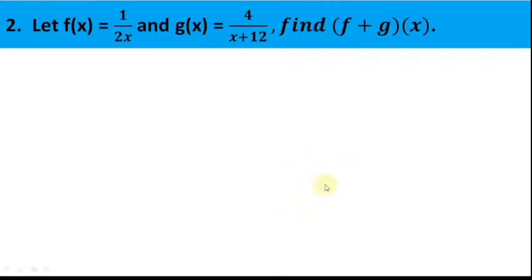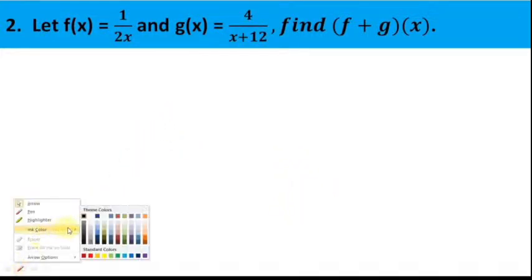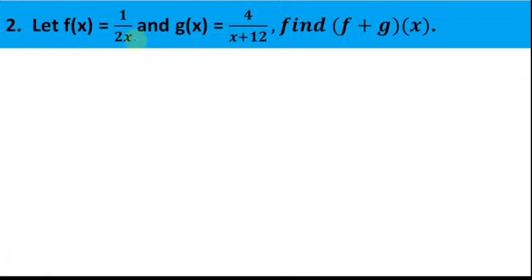Example number 2, we have formula, we have quantity of f plus g times x equals f of x plus g of x.